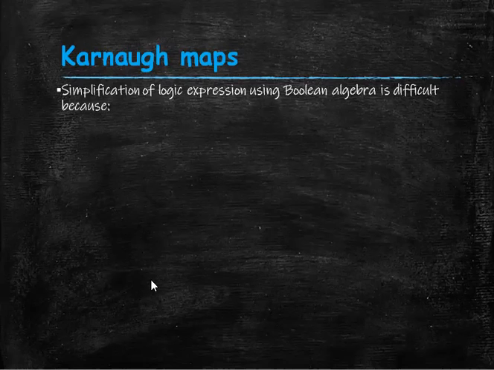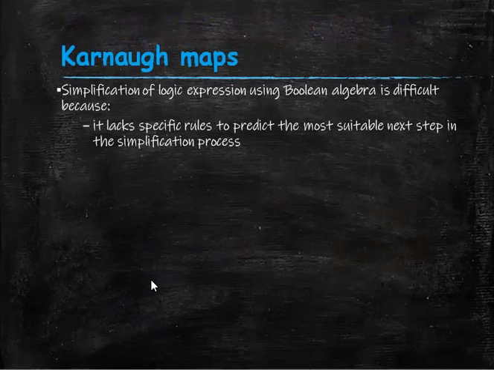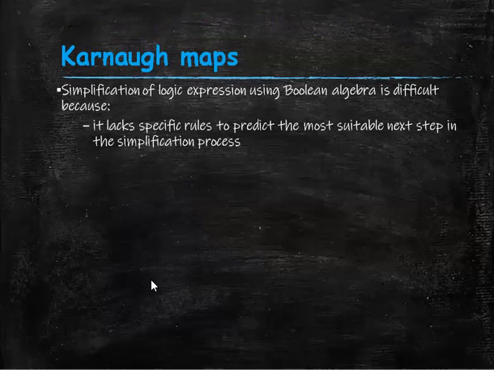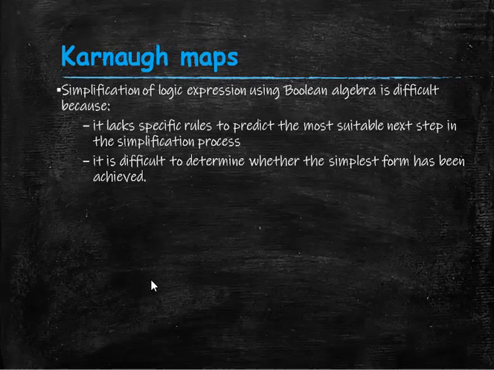We know that it is very difficult because it lacks specific rules to predict the most suitable next step in the simplification process, and it is difficult to determine whether we have obtained the simplest form.